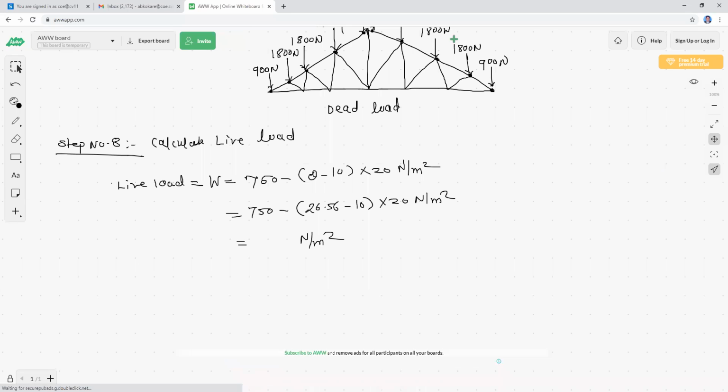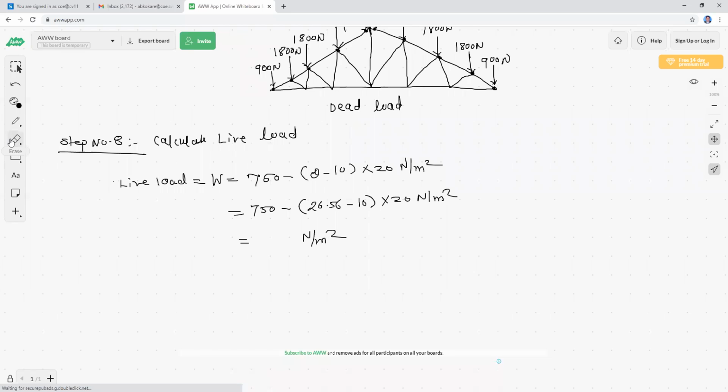Do the calculations. So it is 418.8 Newton per meter square.